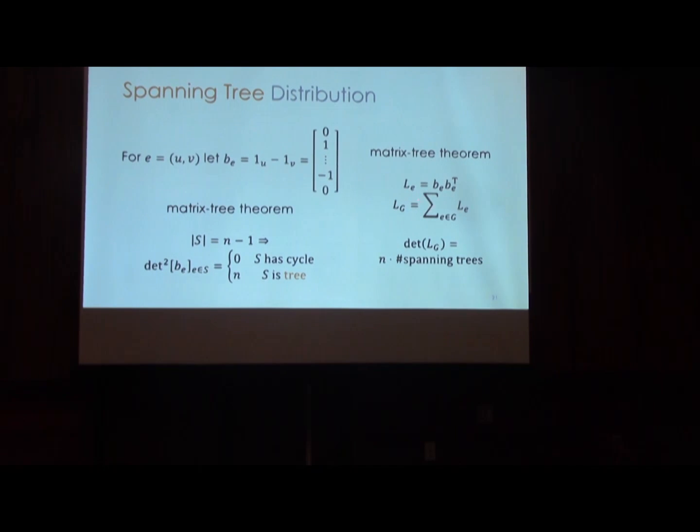Okay. In particular, the matrix tree theorem asserts that if you take a Laplacian of a graph and you compute its determinant in the way that I described, it's going to be n times the number of the spanning trees, which is what you get if you plug in 1 to the generating polynomial. Any questions so far?